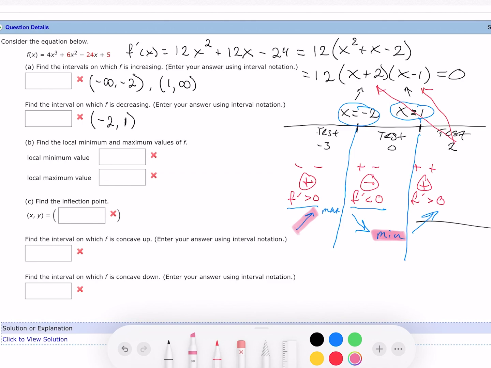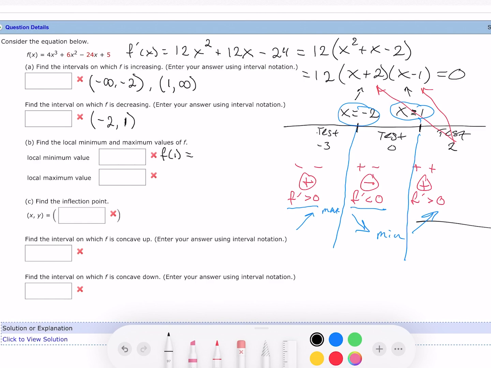For a local minimum, that y value occurs when x equals 1. So we need f of 1. Not f prime of 1, but f of 1.